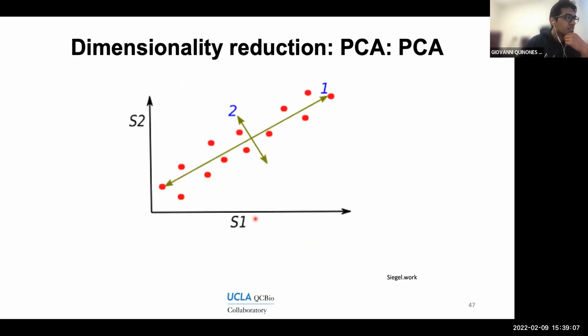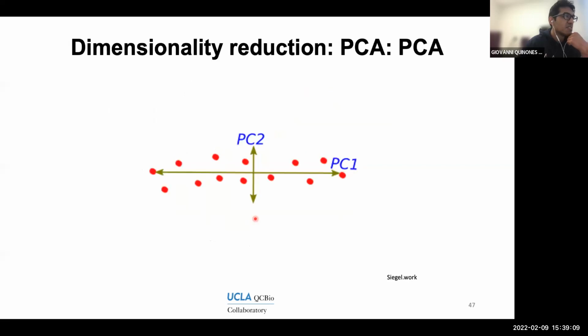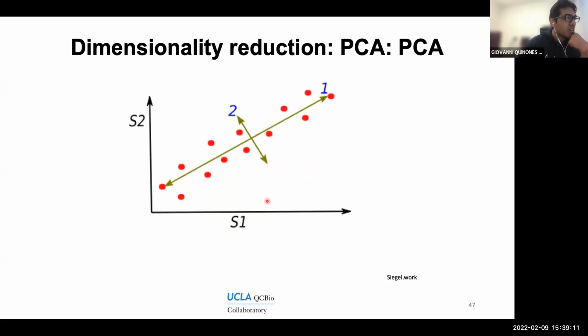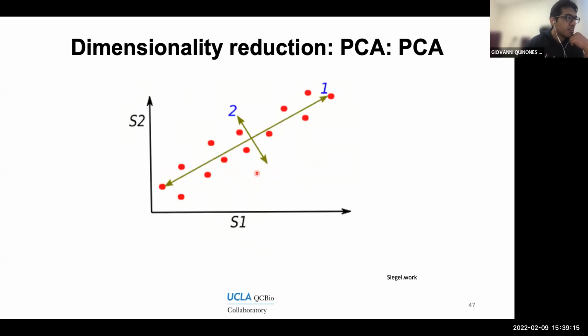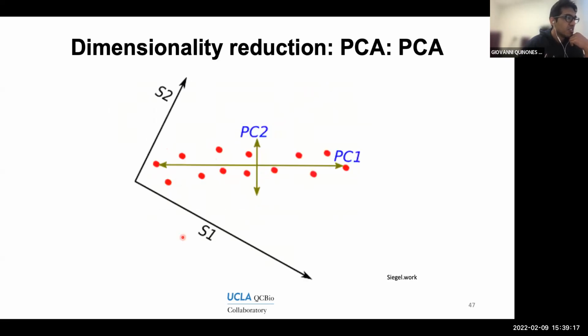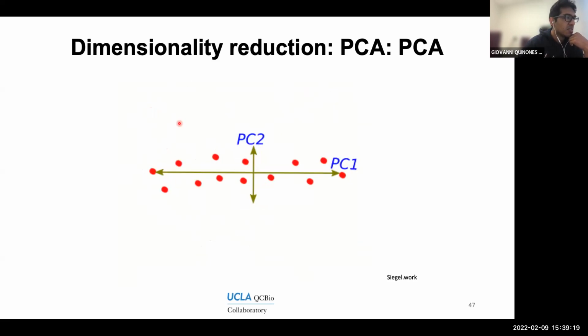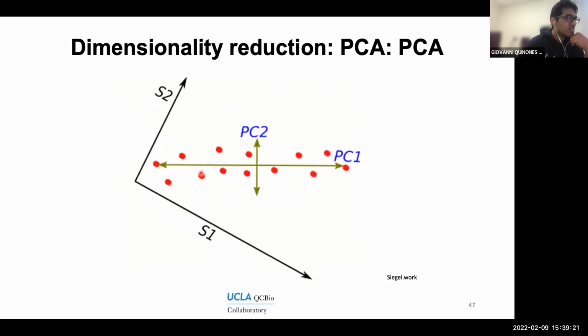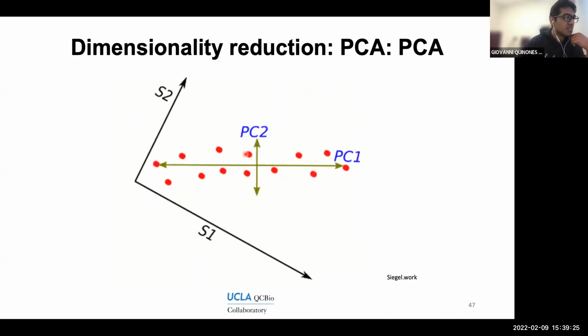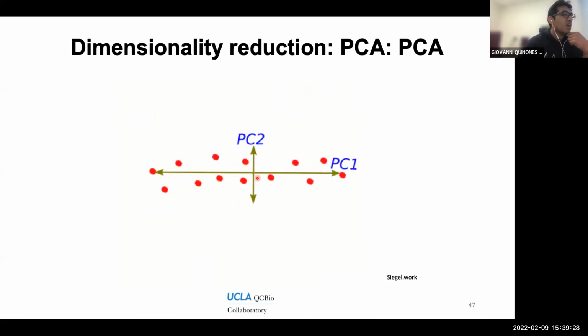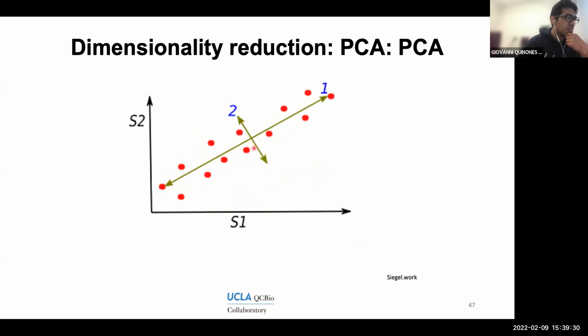And to further illustrate this, I found this cool animation online, which is pretty much showing what I just explained, where you have your dots in your original S1 and S2 coordinates, and then these gold color arrows are the new coordinate systems that we're calculating for this data set.